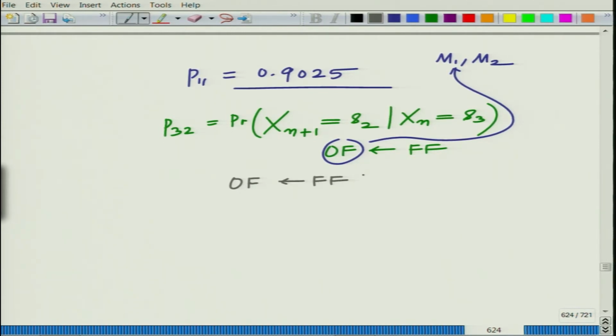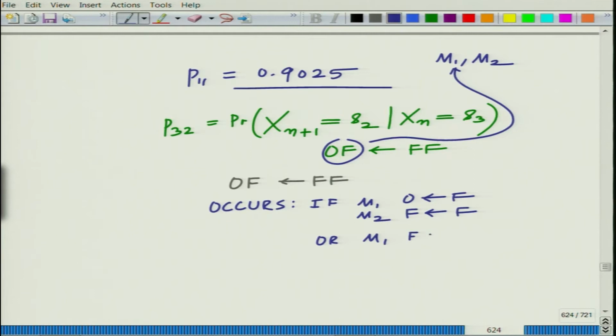FF to OF occurs if M1 goes from faulty to operational, that is M1 is repaired, while M2 continues to remain faulty, or M1 continues to remain faulty and M2 goes from faulty to operational.